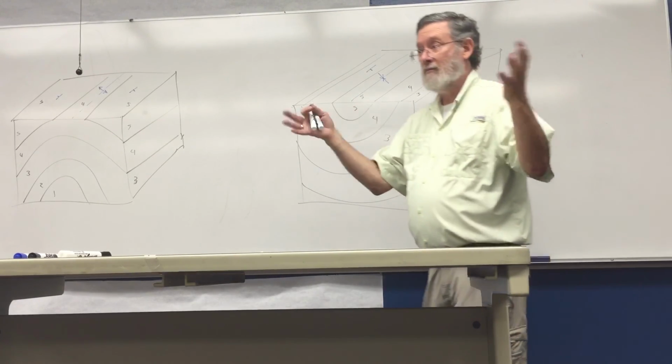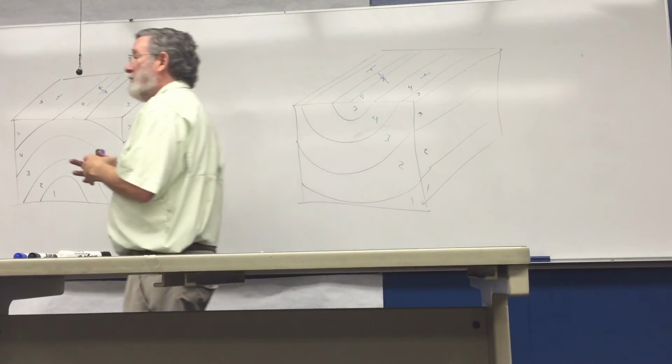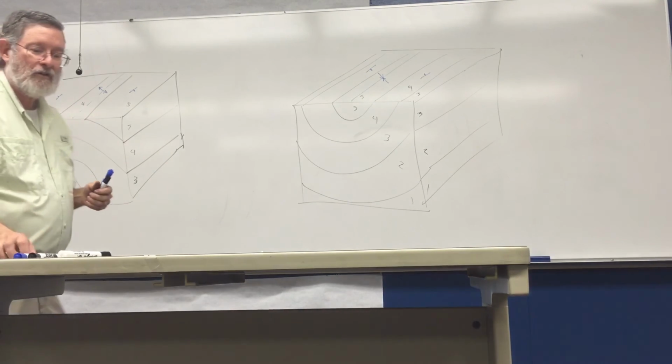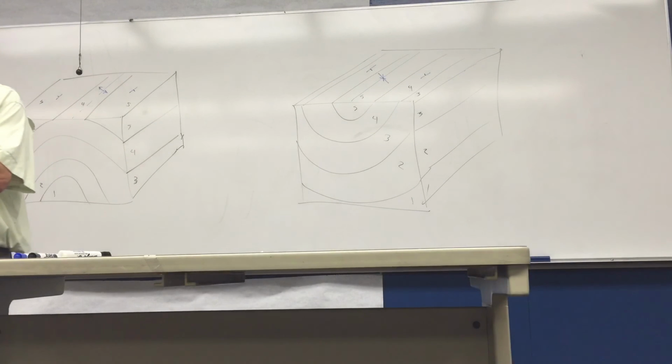And so one of you brave people will have to draw a block diagram for a plunging anticline and a plunging syncline. And it'll probably be you, Angelina. For what this would look like, because we want to start visualizing how these things look if they were cut by the surface.